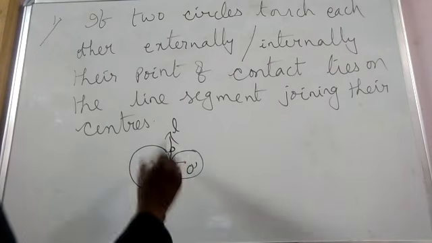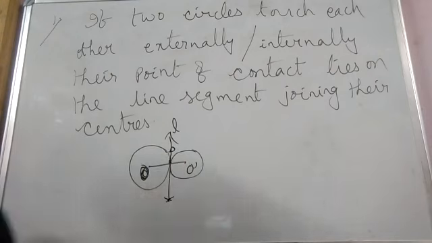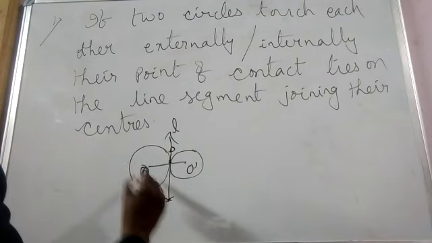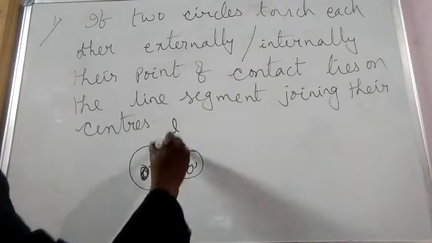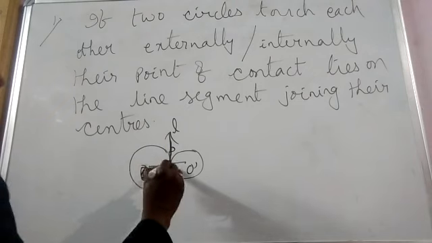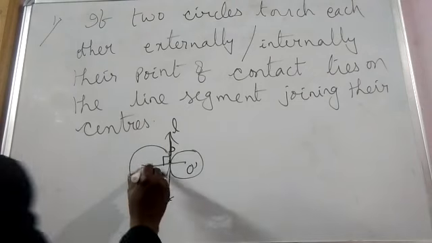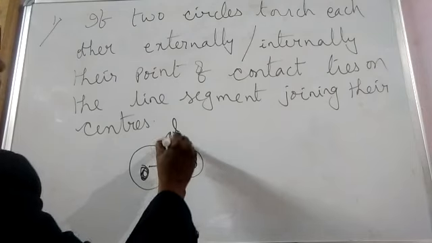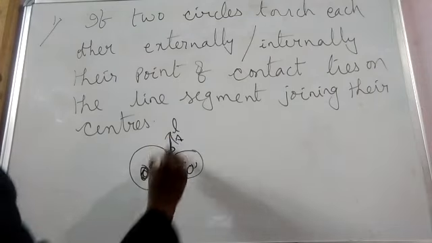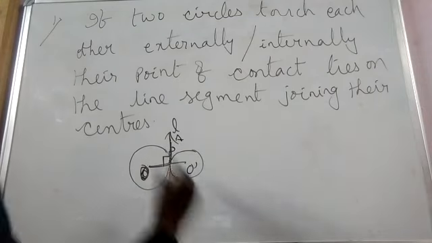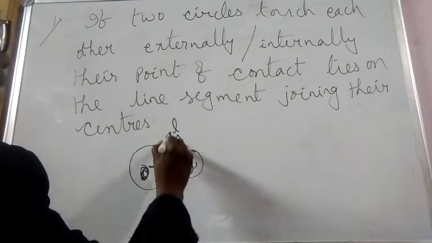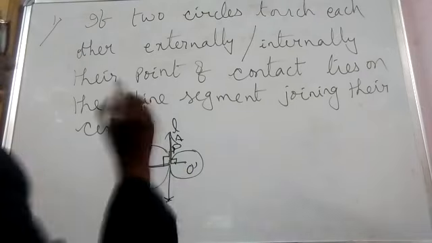How can we say that this point P lies on the line segment joining these two centers? We know that the tangent and the radius through the point of contact are perpendicular to each other. So here, if I name it as A, angle OPA is 90 degrees. Same way, angle O dash PA is also 90 degrees.